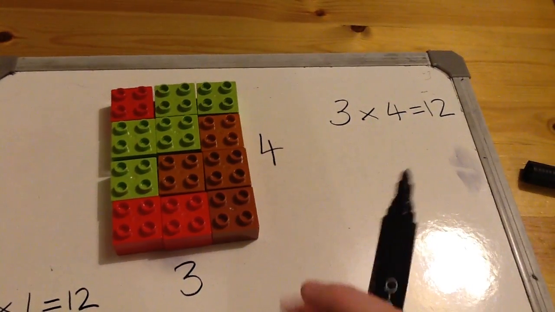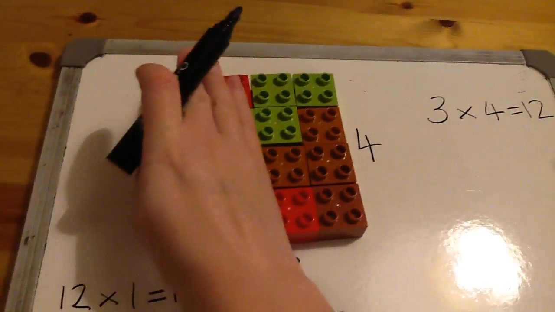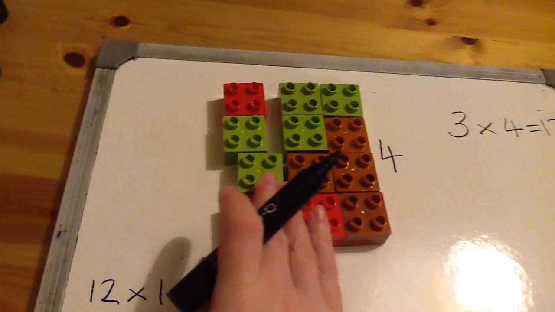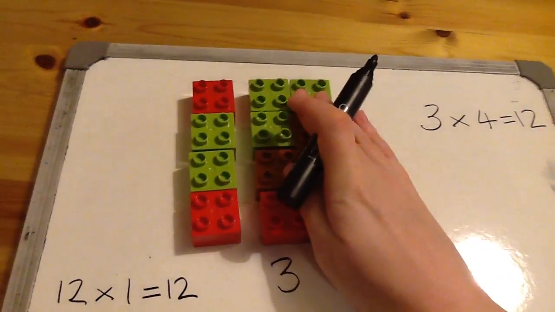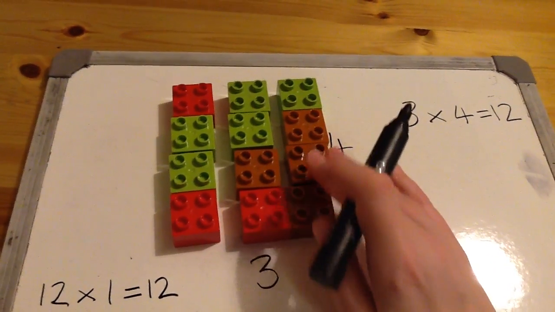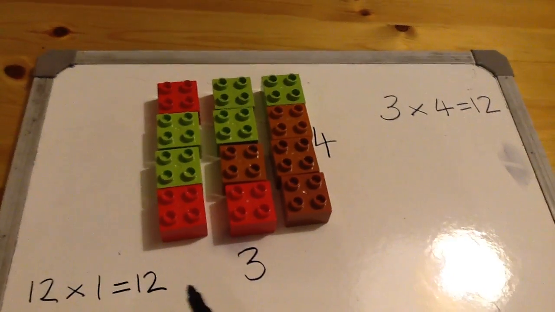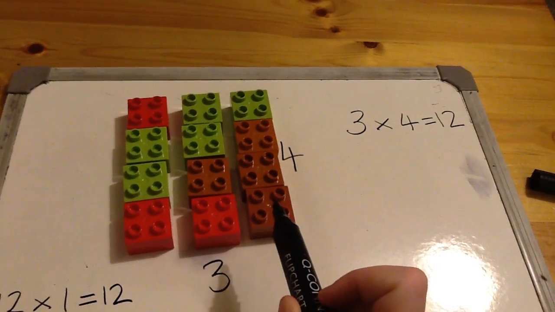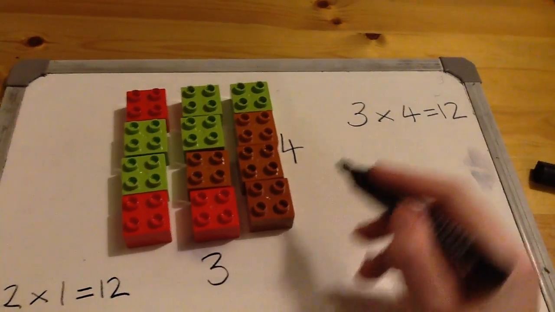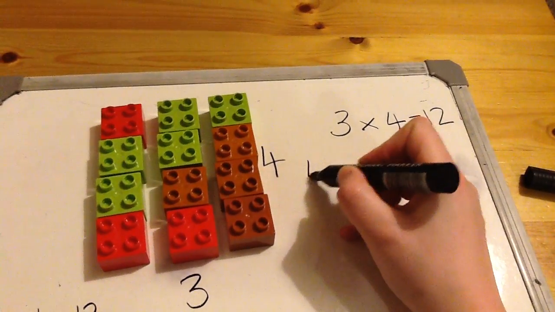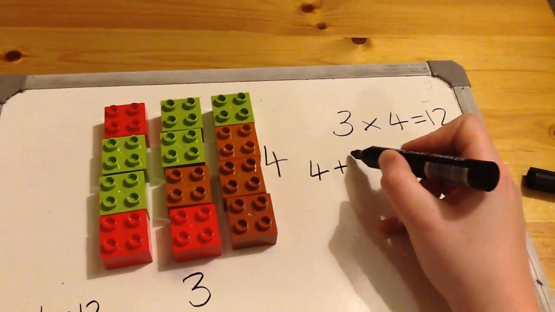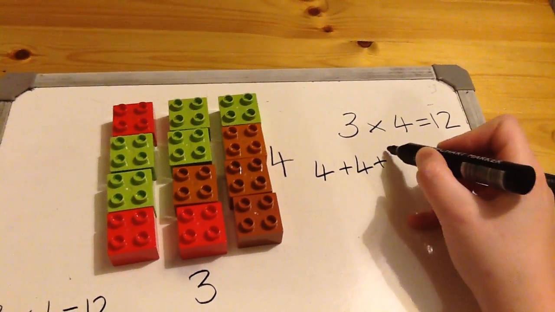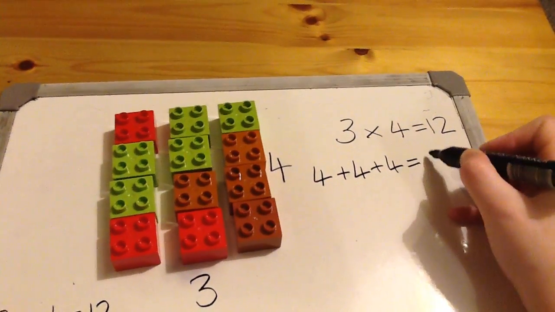If I was going to do it as repeated addition, I'll separate those slightly so that you can see them clearly. I've got 4, add 4, add 4. Can you see that? So I've got 4, add 4, add 4.